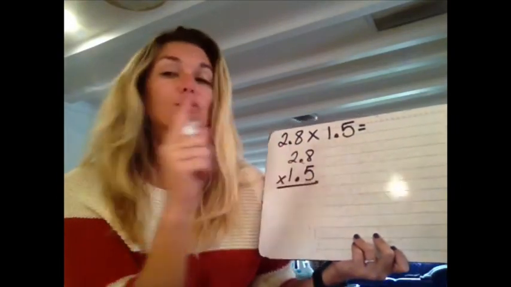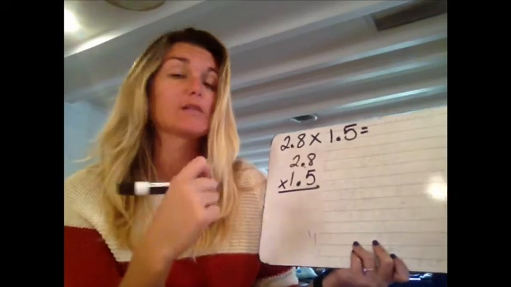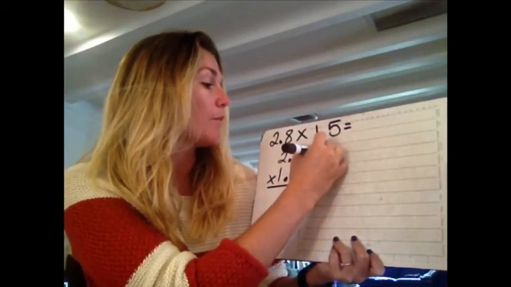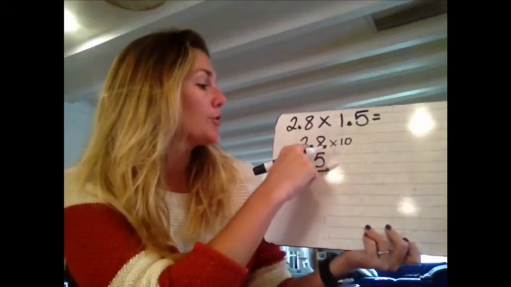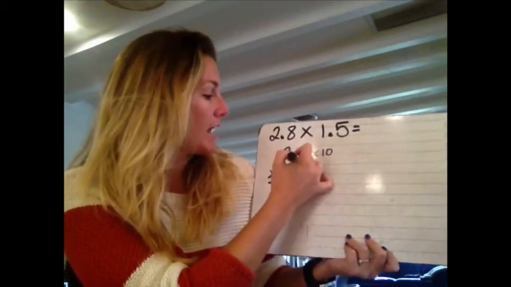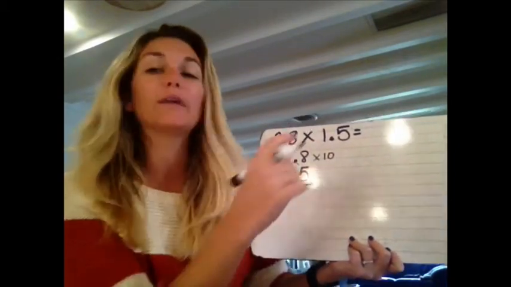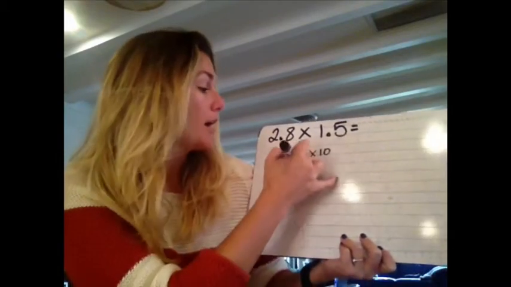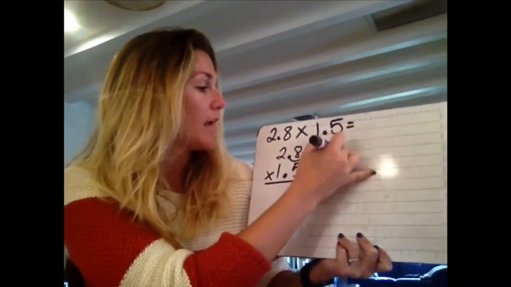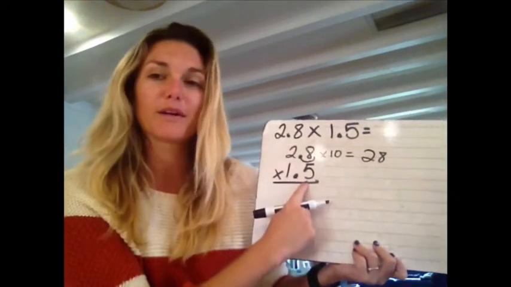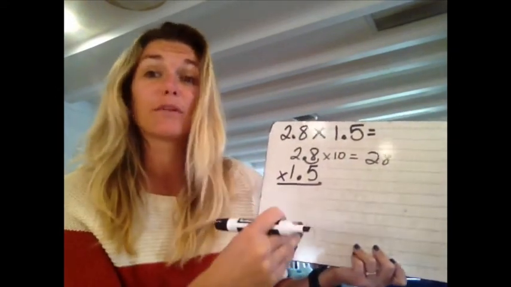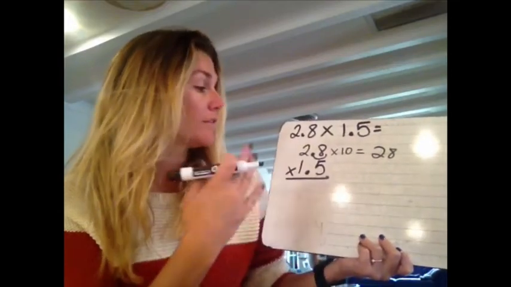So since there's only 1 place, I know if I want to move my decimal 1 place, I only have to multiply it by 1 power of 10, okay? So 2 and 8/10 times 10, I would move my decimal right because it's going to get larger, and my answer is 28. Well, this is nice, and it works out because I would do the same thing with my 1 and 5/10.